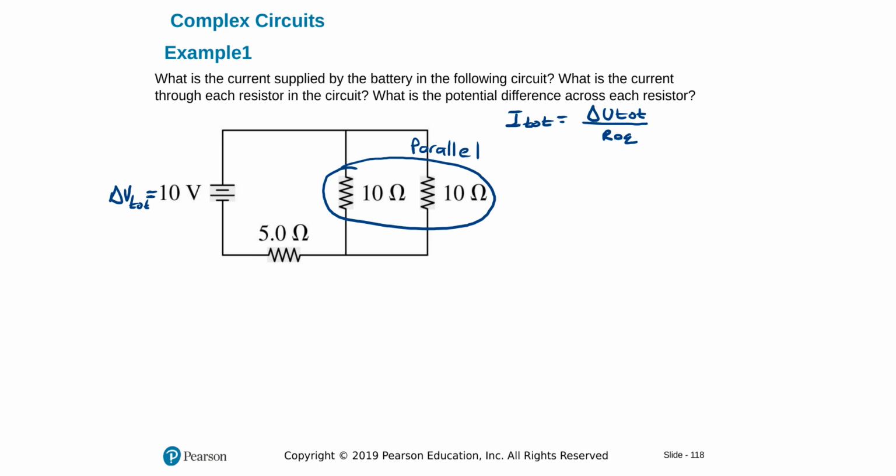I can see this part is parallel, and I simplify my circuit to solve for the rest. Let's name my resistors so it can guide me here. I'll call this guy R1, R2, and I'll call this guy R3.